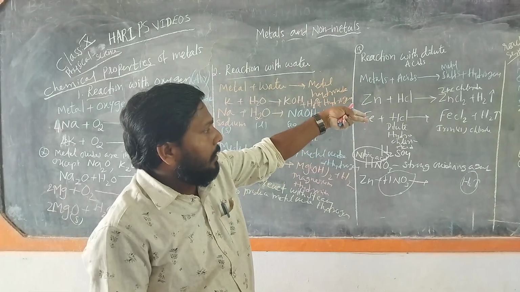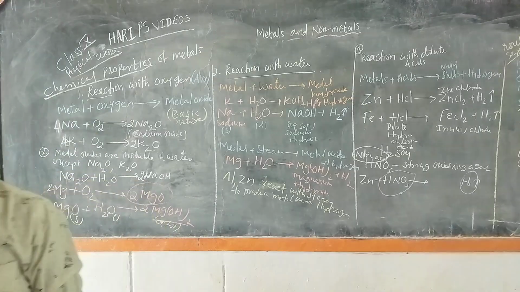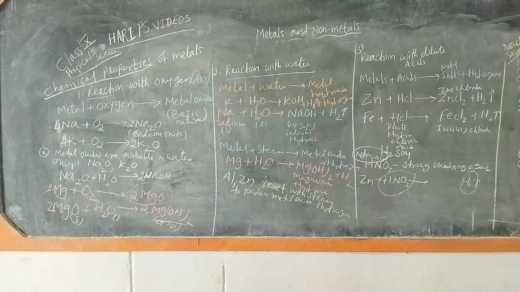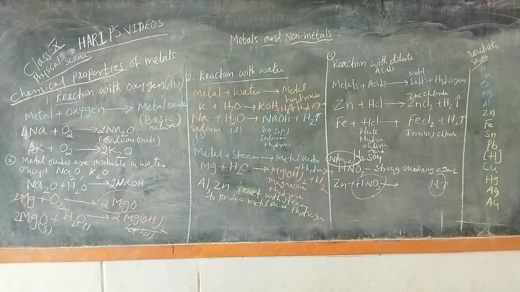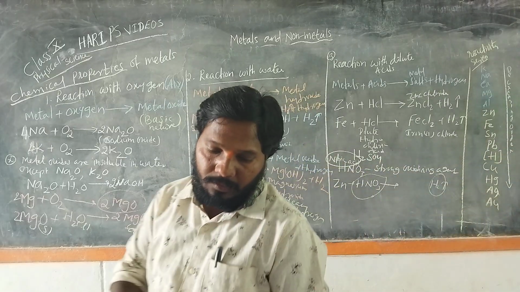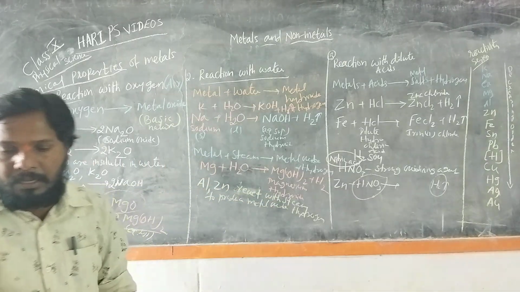So why is the hydrogen displaced from the acids? Because all the elements which are above hydrogen displace it. This is the order of decreasing reactivity. The elements which are above the hydrogen are able to displace the hydrogen, and those which are below are unable to displace it. Why are some metals more reactive and others less reactive?